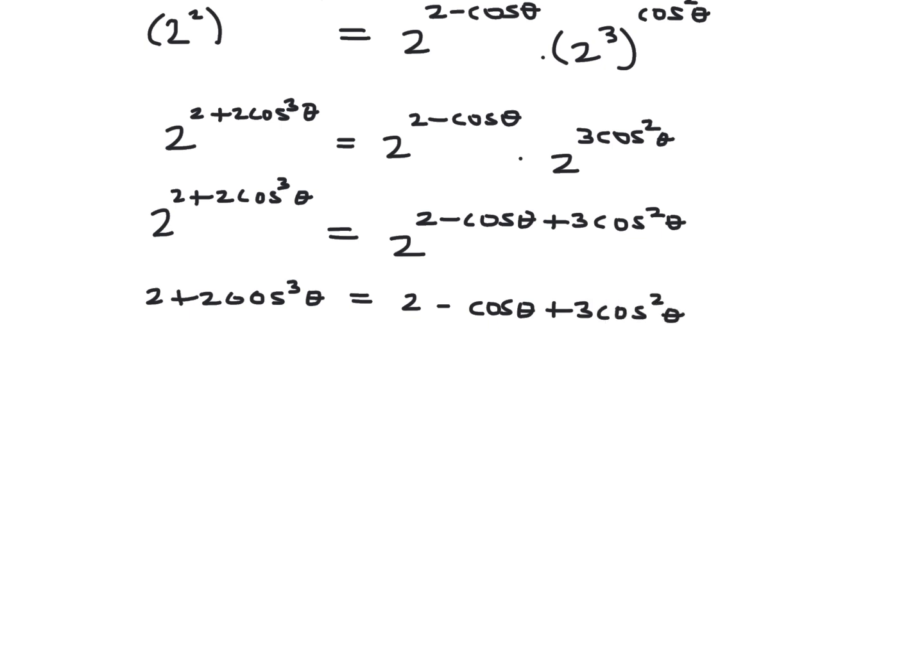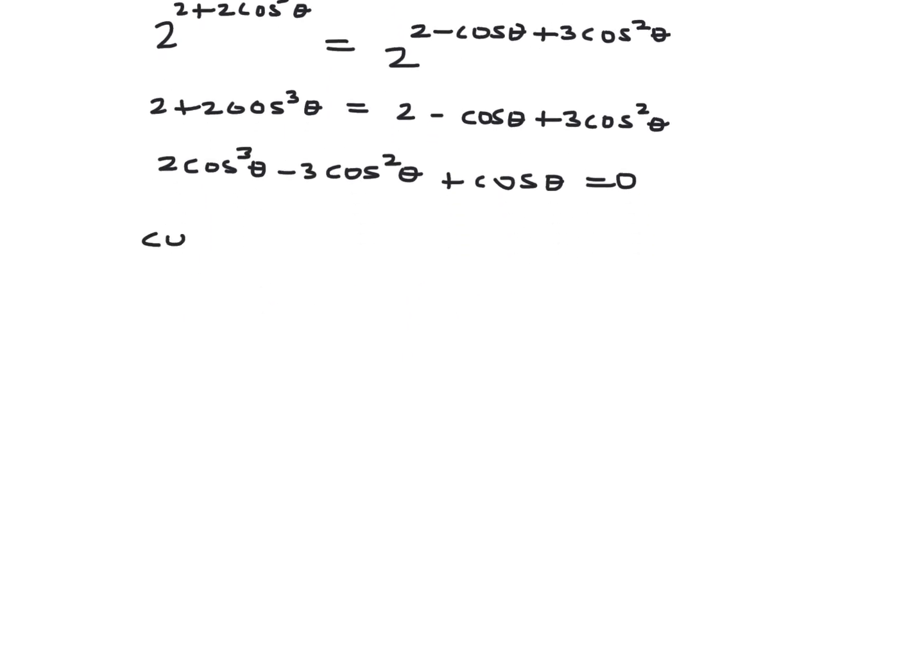Okay, so let's put everything on one side. So this will be 2 cos theta cubed minus 3 cos theta squared plus cos theta, and I think the 2's just cancel, so there we go. Okay, now we can factor this, so let's factor out a cos theta, and then we get 2 cos squared theta minus 3 cos theta plus 1.